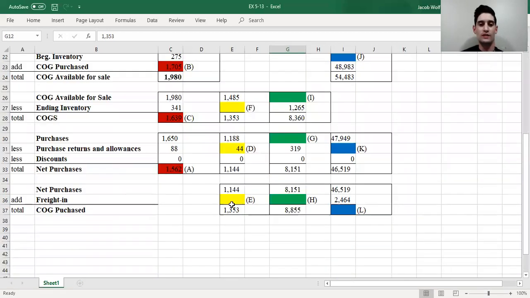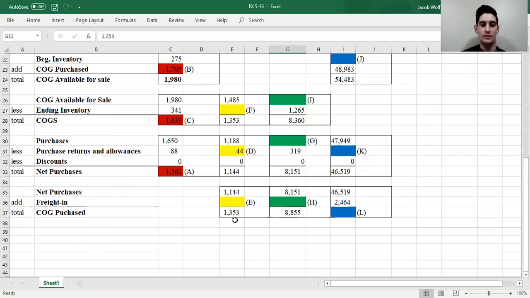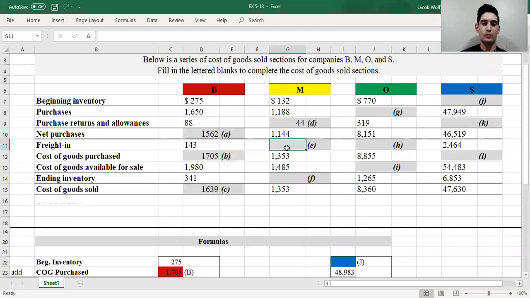Plugging those in, because we're adding, we'll take 1,353 and subtract 1,144. That should give us the difference of 209. If we check that again, 209 plus 1,144 is equal to 1,353. So our E value will be 209.